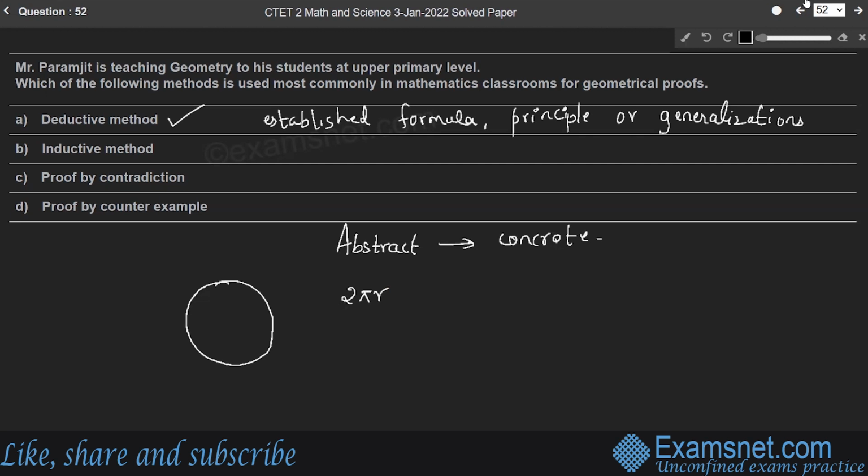So finding the value of the perimeter of the ground whose radius is something like 50 meter. So the perimeter gives 2 into 22 by 7 into 50, like this. So by using already accepted formula, principle or generalizations, here the teacher, Mr. Paramjit, uses deductive method. Hence the correct answer is option A.